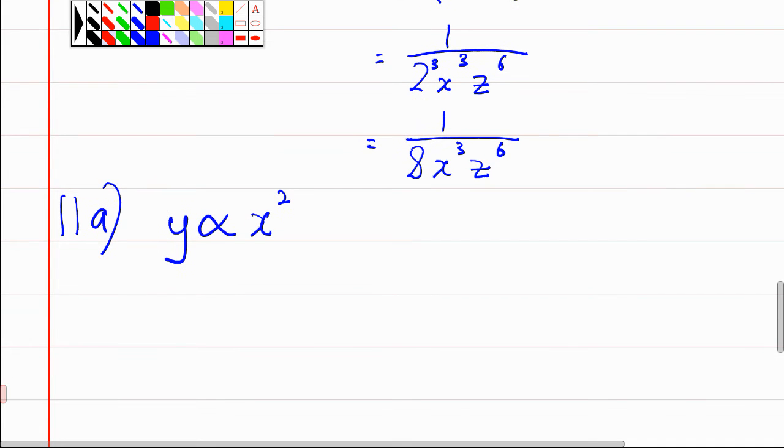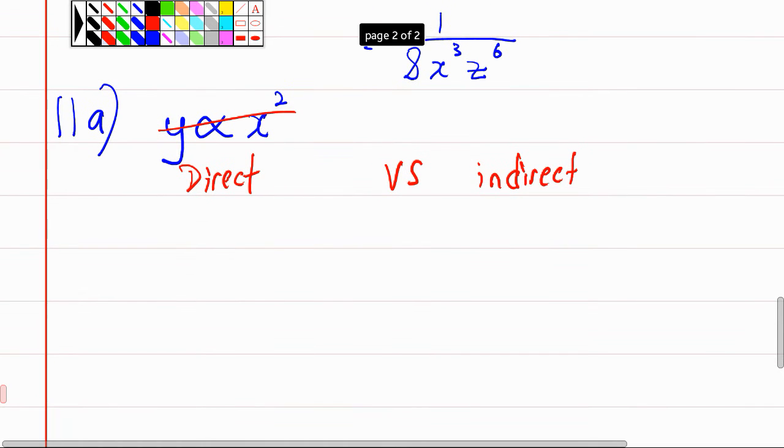I use red pen to tell you that I need to revise. Do you remember direct? If direct, y equals to what? K x squared. If I have indirect, equals to what? Y equals to K over x squared. So that's what it means by direct and indirect.